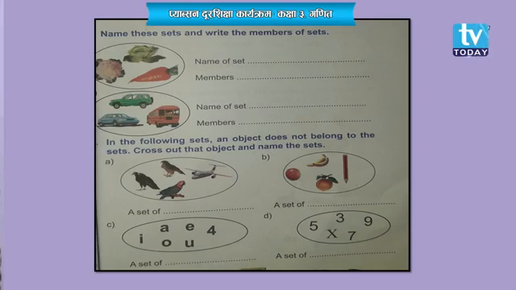An aeroplane is there. Does the aeroplane belong to the set of birds? No. So, what you have to write? Aeroplane doesn't belong to the set of birds. Can we write it? Okay, please write it down.